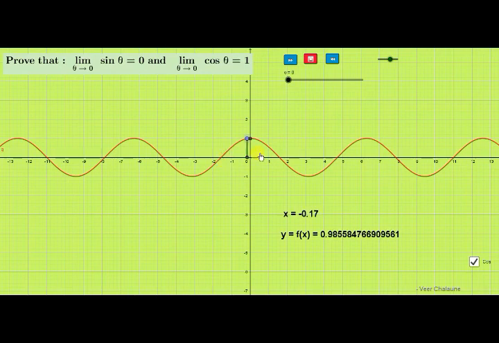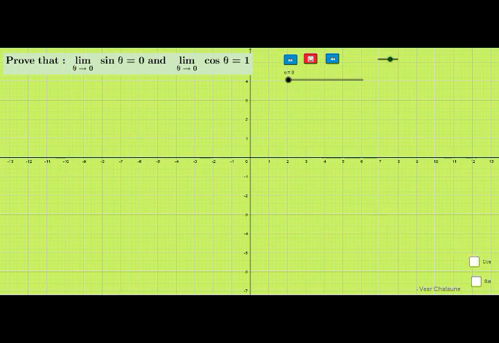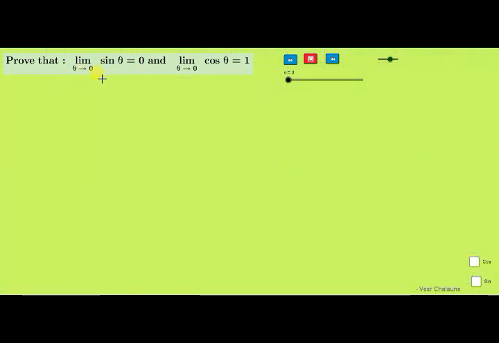Now I'm going to show the geometrical proof of these two limits. First of all, we need to define a circle having radius 1. A circle needs a center, that we already know.